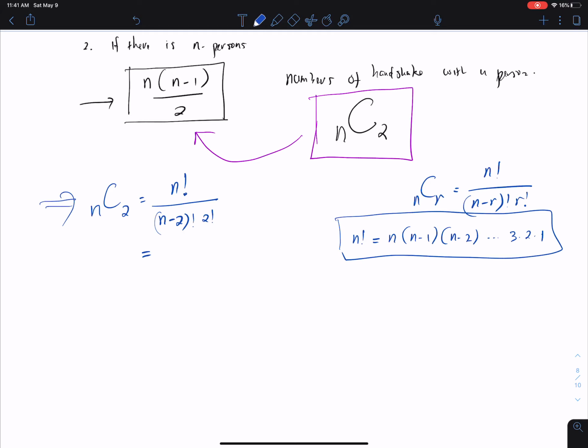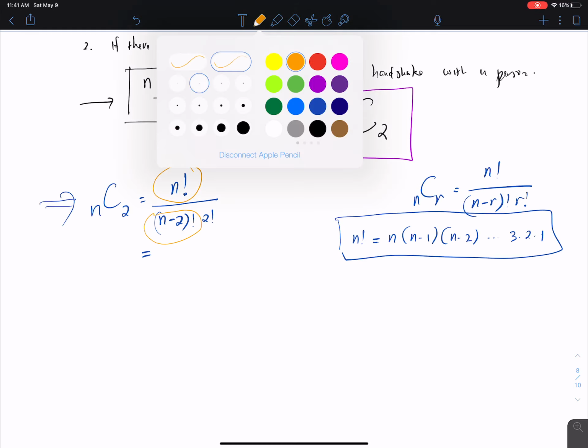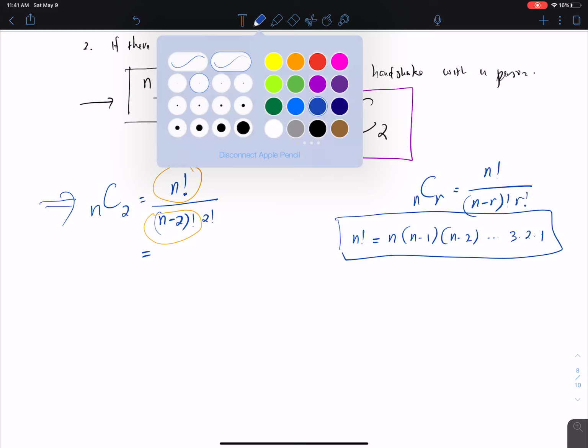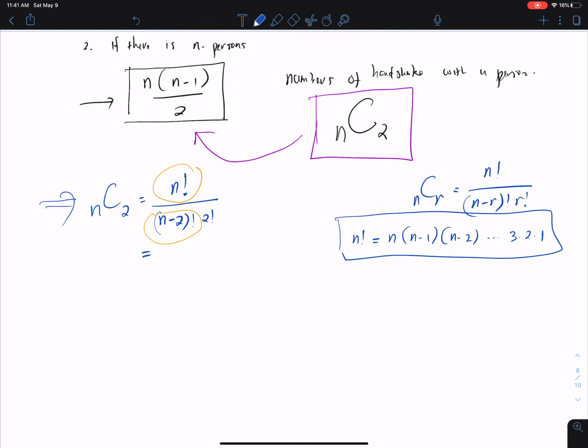Since the top here is a bigger number compared to the one down here, n minus 2, we have to expand the top one. Okay, so we expand the top one, let me put it down a little bit. We will have n, n minus 1, n minus 2 factorial.